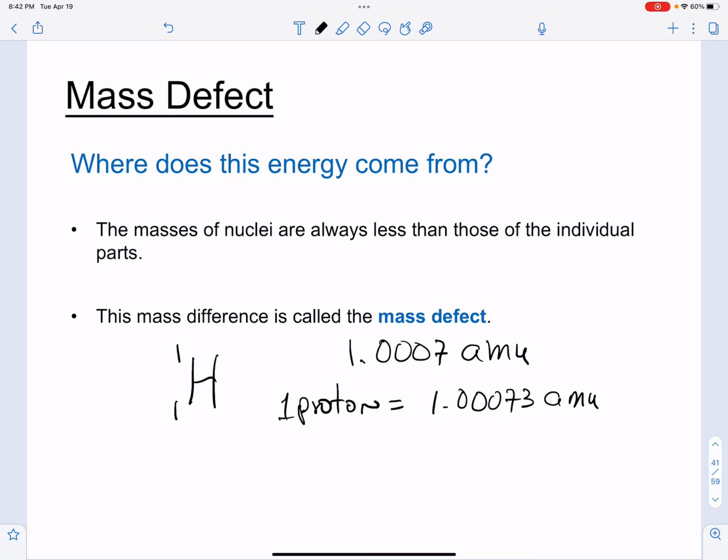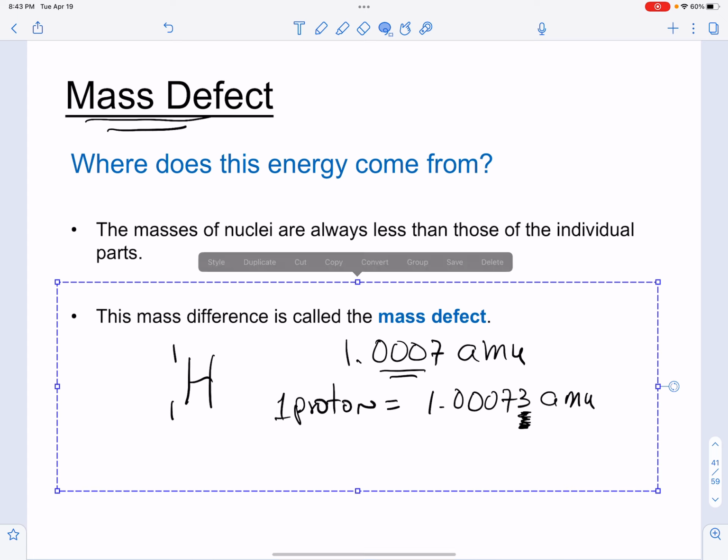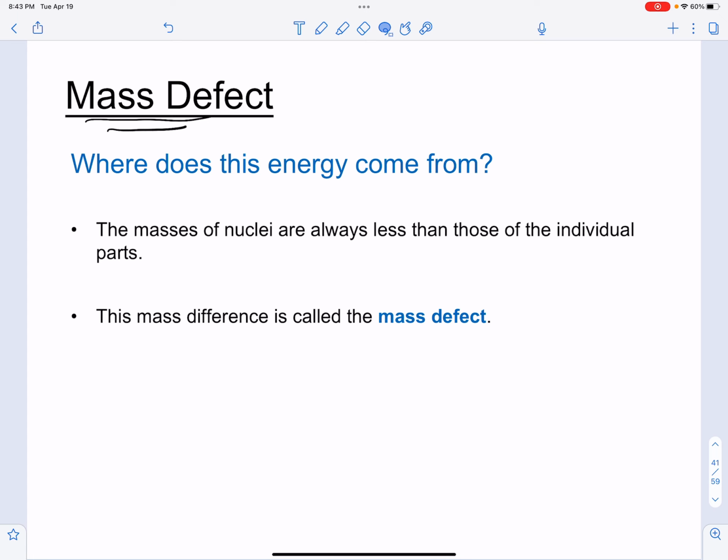and the mass measured in the lab for one of these isotopes is 0.007 different, there's a variance in there. There's something that happens that when you take the mass of all the protons and all the neutrons, it never comes to be exactly the same as the mass that you actually measure in the lab. We call that the mass defect. And what the physicists have been able to figure out is that this difference in mass is because this mass has become energy, and it's the energy that keeps the nucleus together.